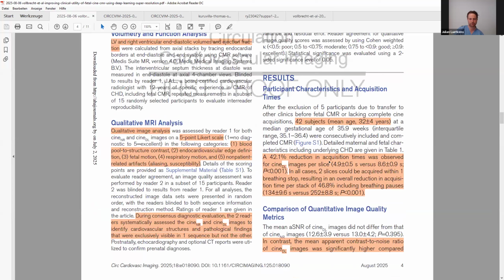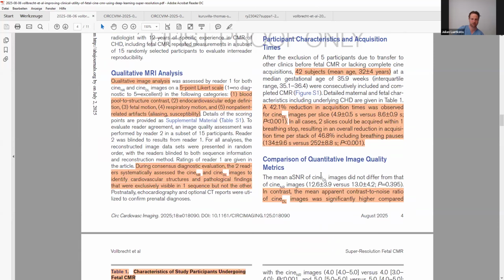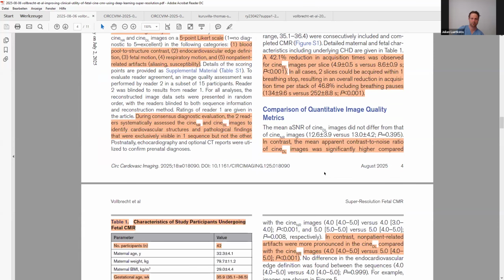And as a result, we already saw this in the graphical abstract. We had a distinct reduction in acquisition times per slice and also for the whole stack. And due to the acceleration, the mother could hold their breath for 2 slices. So this is another significant improvement.